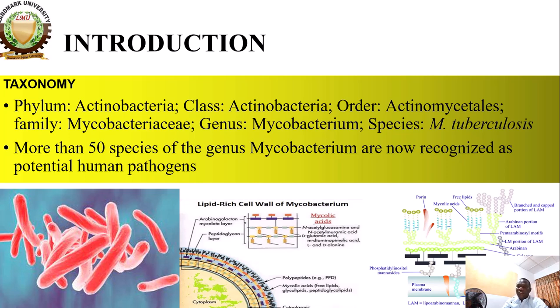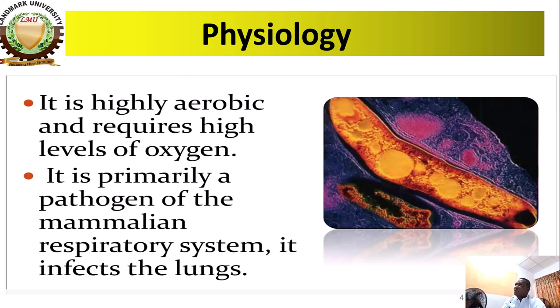Mycobacteria are now recognized to be human pathogens, made up of more than 50 species of human pathogens. Mycobacterium tuberculosis is highly aerobic, which requires a high level of oxygen and is primarily responsible for infecting the respiratory system of humans.